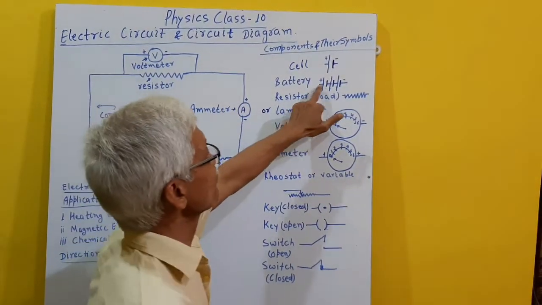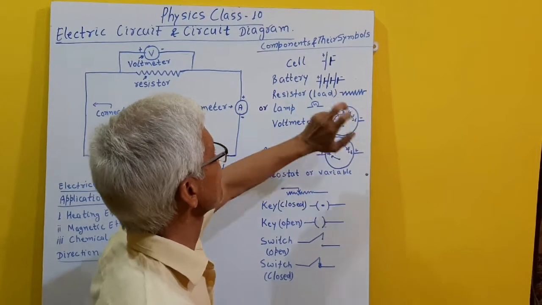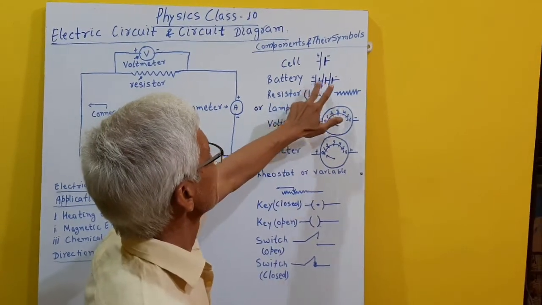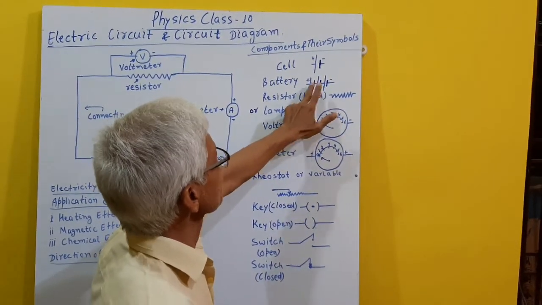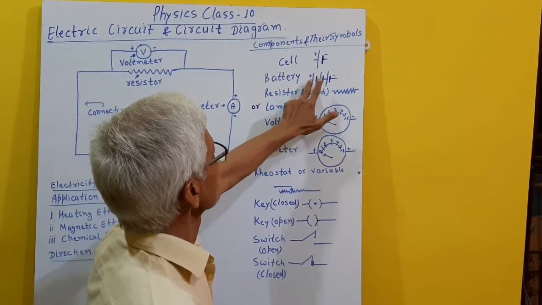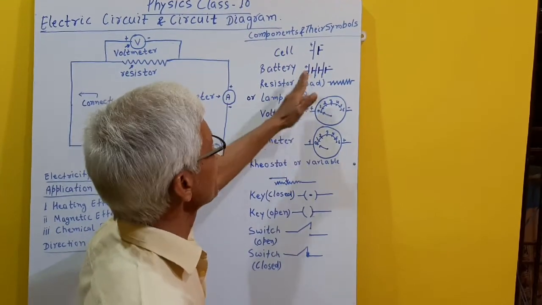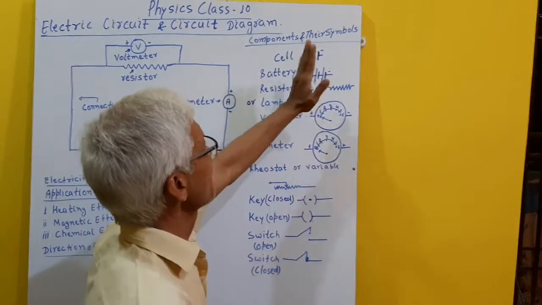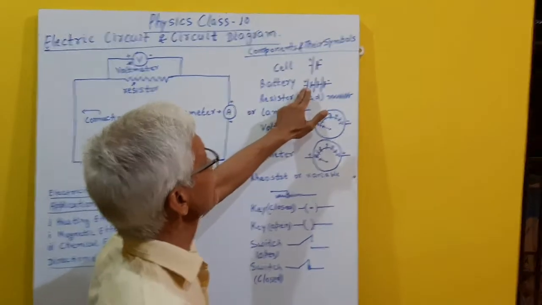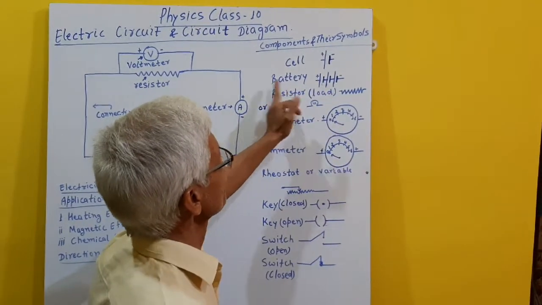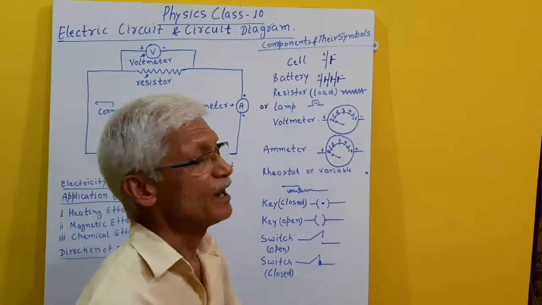It also has a positive and a negative terminal, which indicates that current emerges from the positive terminal and merges at the negative terminal.